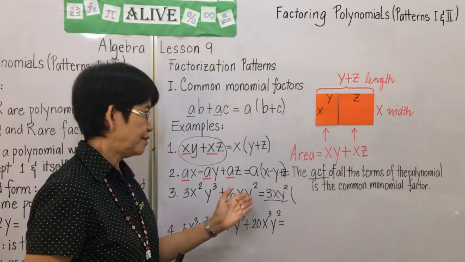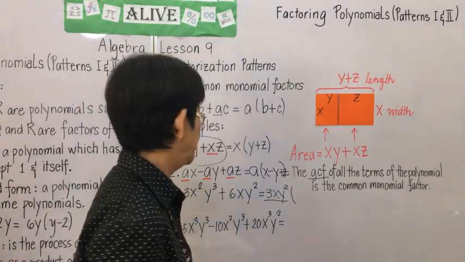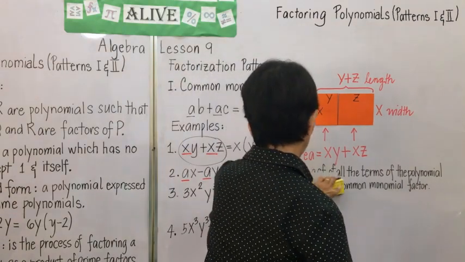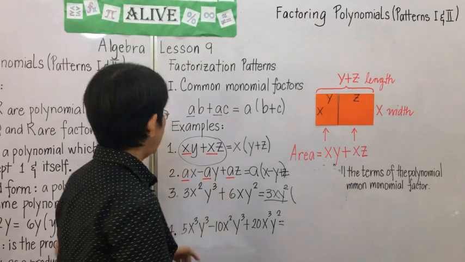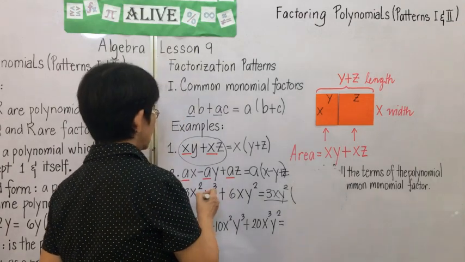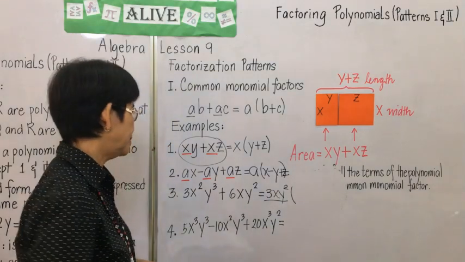Then you use this as your divisor, and then divide out each term of your polynomial by the first factor, and it will give you the second factor. So you have 3x squared y cubed divided by 3xy squared.